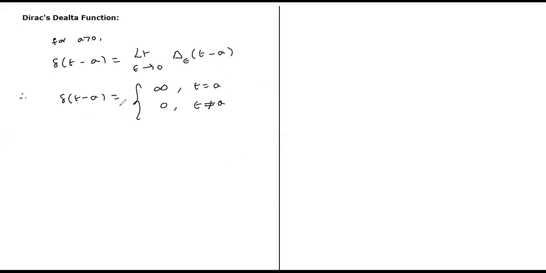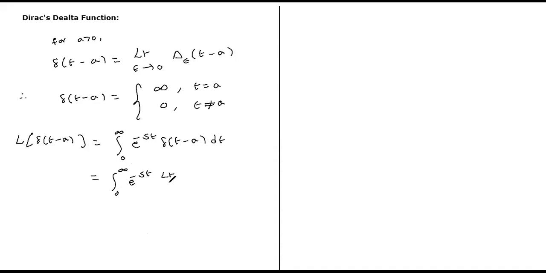So now we would like to see the Laplace transform of the delta function. Then what will be the Laplace transform of the delta function? Apply the definition of Laplace transform: 0 to infinity e power minus st delta of t minus a dt. Now what is the definition of this delta? Dirac delta is the limiting form of delta epsilon of t minus a.